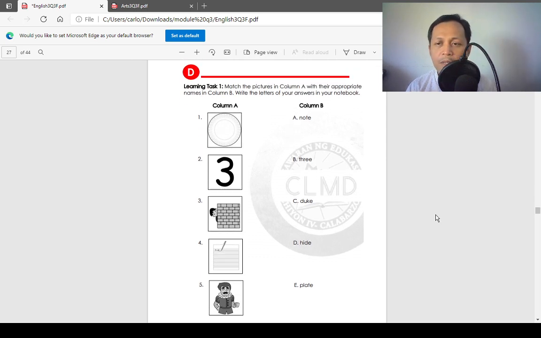Now, learning task number 1: you are going to match the pictures in column A with the appropriate names in column B. Write the letters of your answers in your notebook. You are going to write only the letter of your answer.